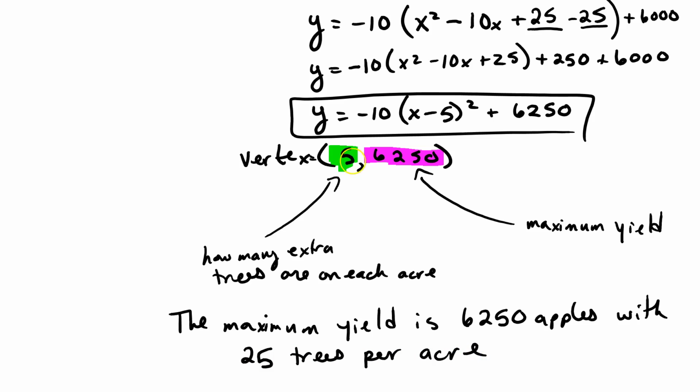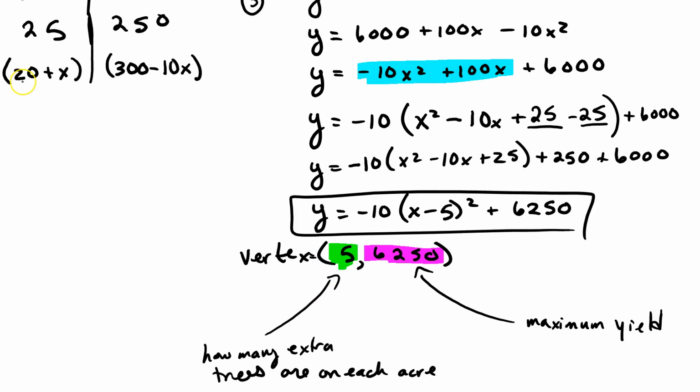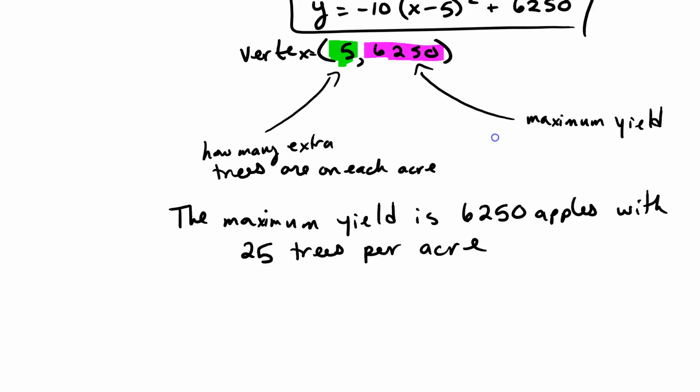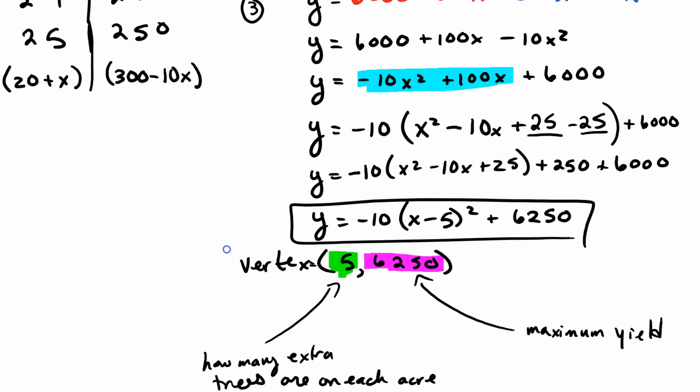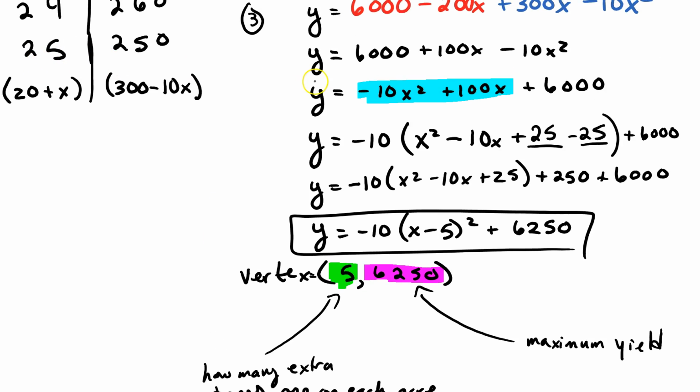How did I get 25? Well, I go back here and say 20 plus x, since x is 5, 25. So that means it happens at 25 here. So we know that 25 trees per acre creates apple trees with 250 apples each.